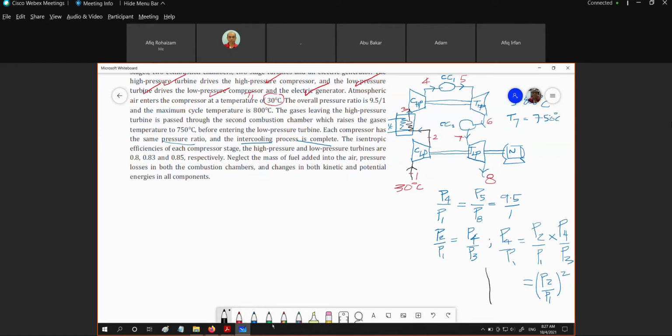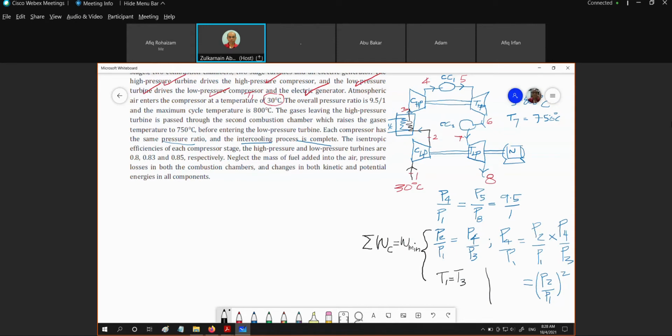Okay, so T1 is equal to T3. With these two pieces of information, same pressure ratio and complete intercooling, the W compressor should be the W minimum. So this summation, or the work input to the compressor, should be minimum.